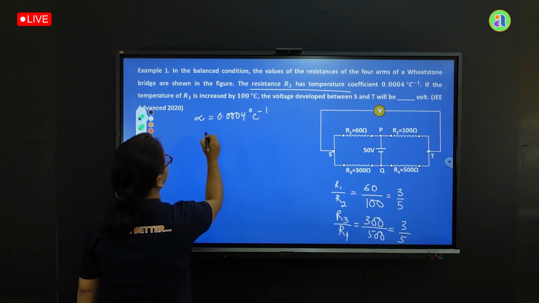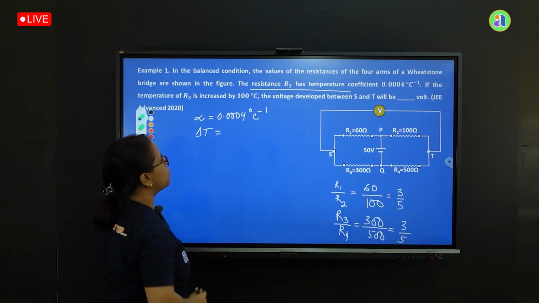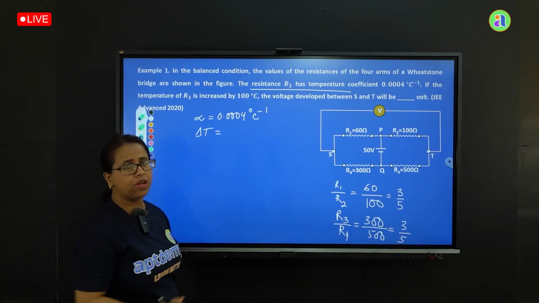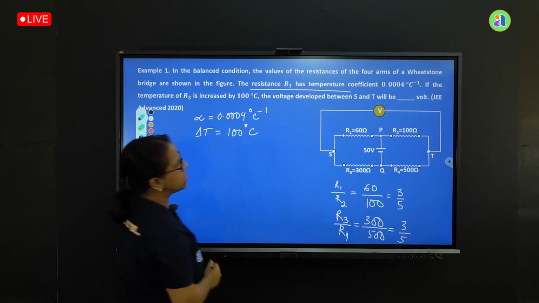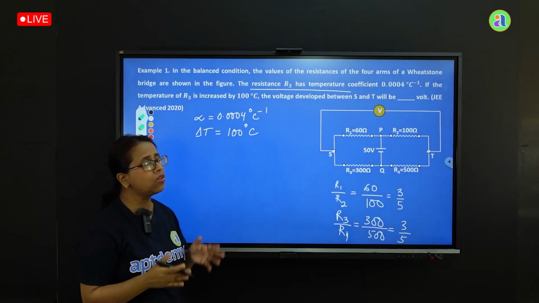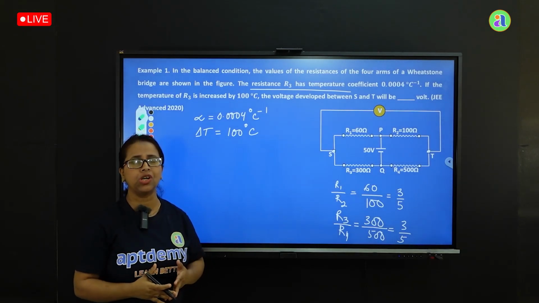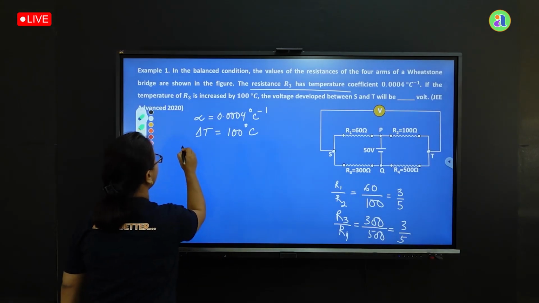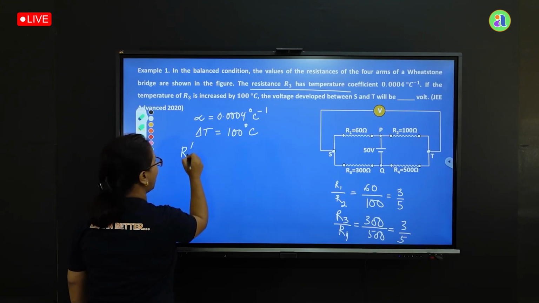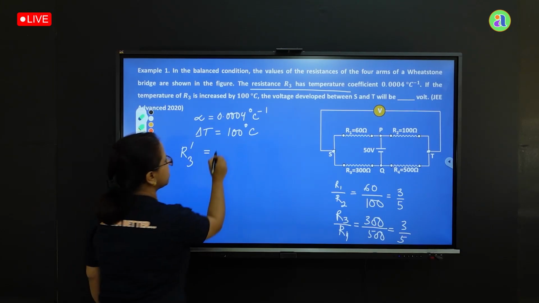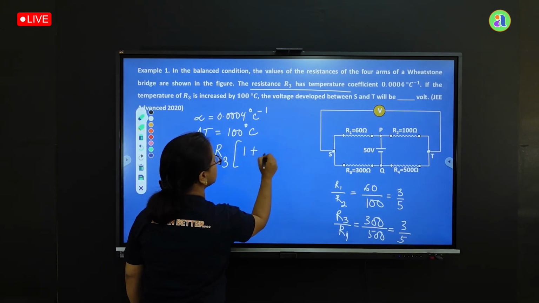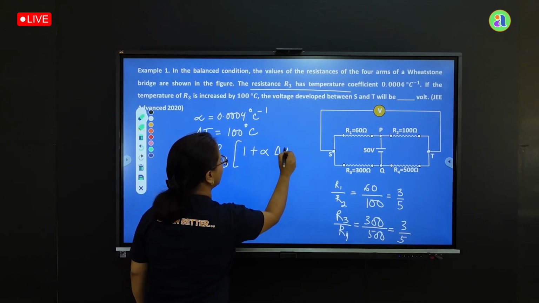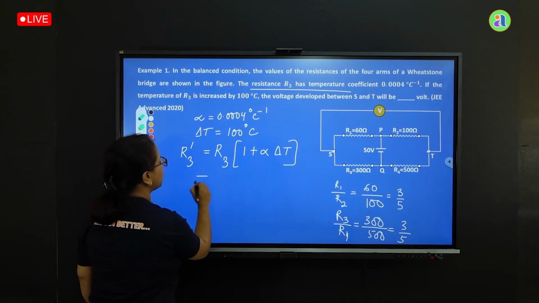The temperature changes by 100 degrees Celsius, or we can say delta T, indicating the change in temperature, is 100 degrees Celsius. This tells us that the resistance R3 will get modified depending on temperature. Say it becomes R3 dash, and R3 dash is equal to R3 times 1 plus alpha times delta T. So let's work this out.